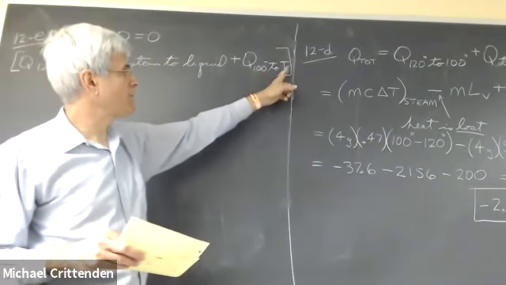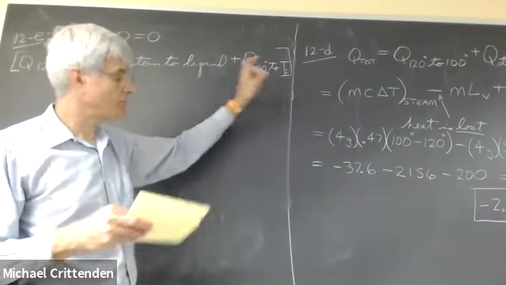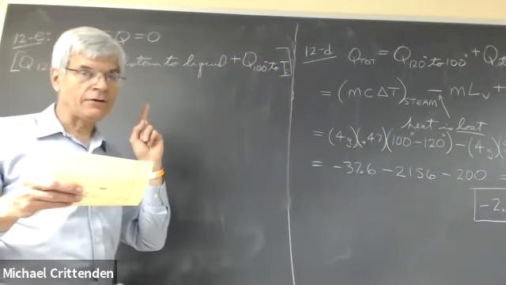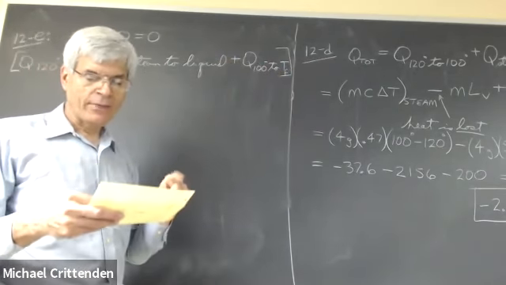Just like before, except for the T final where the 50 degrees used to be. That's the heat lost by the hot stuff.